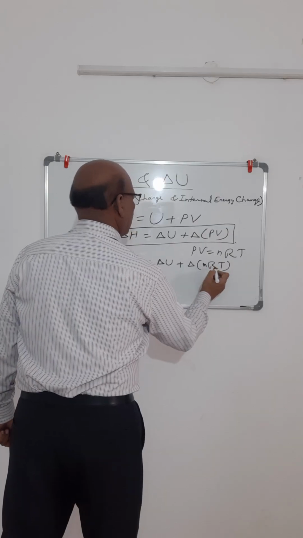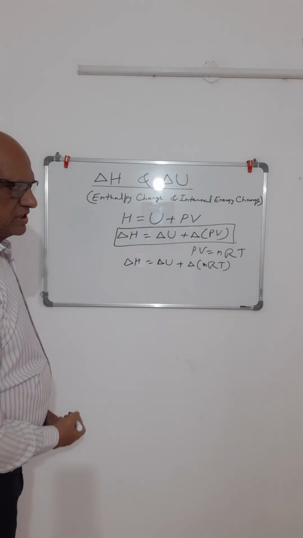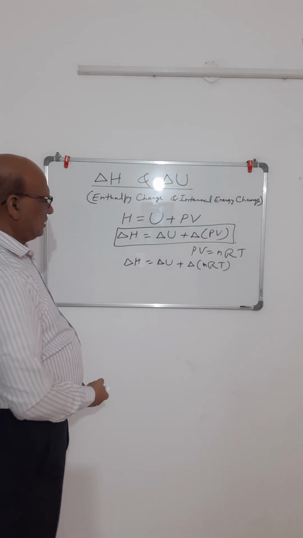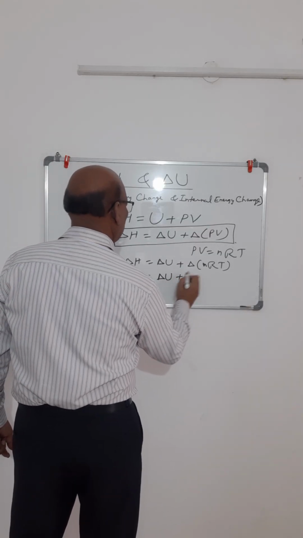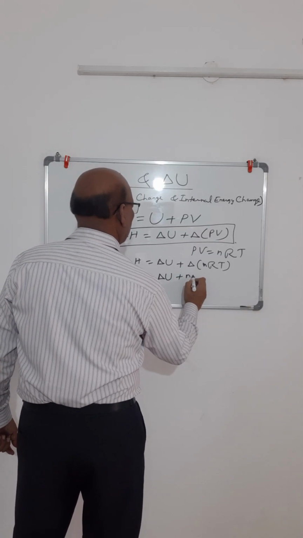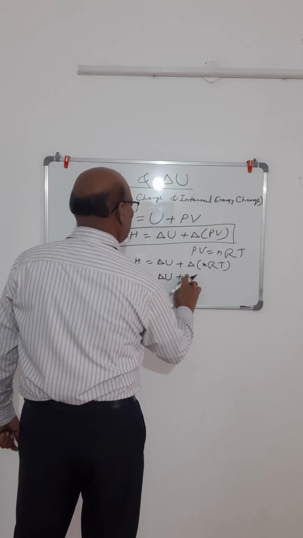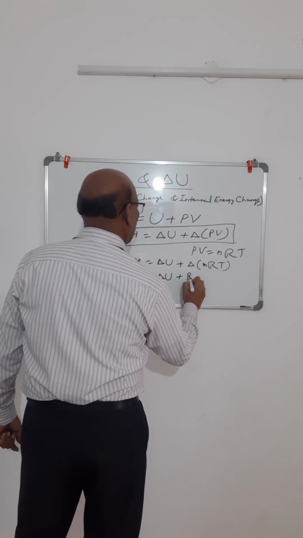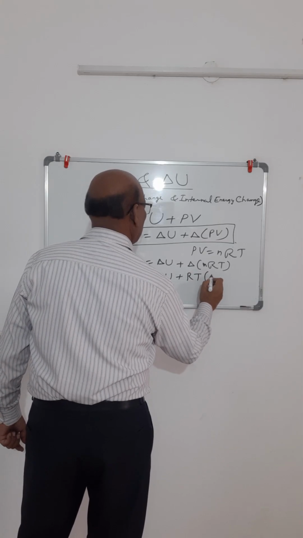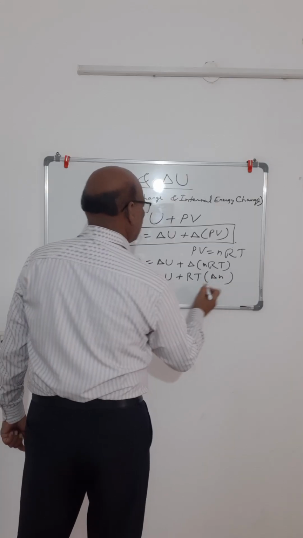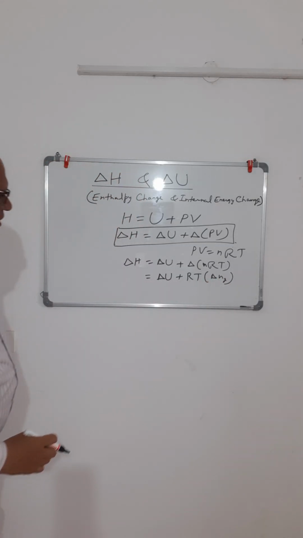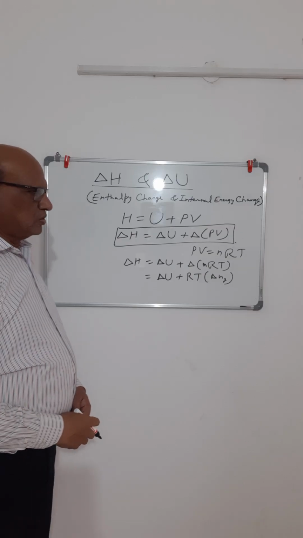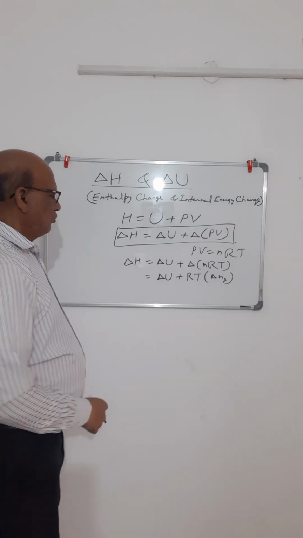So I can write delta H as delta U plus delta of nRT. Suppose some process is taking place at constant temperature, then I can write this as delta U plus RT into delta n. Normally this is in gaseous reactions, where there is a change in the number of moles on the reactant and product sides.